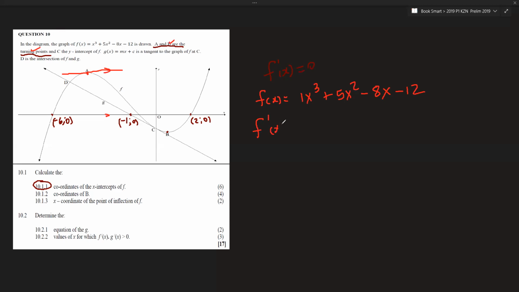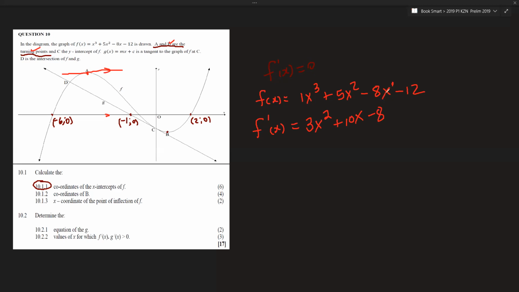The derivative will be equal to, remember it's this times that, so the number in front times the exponent will give me 3x squared, and then we always subtract 1 from the exponent. So when I have a square, then 5 times 2 is 10, then you always subtract 1 there, so you're just left with that. And then this one, there's an invisible 1 there, so negative 8 times 1 is negative 8.